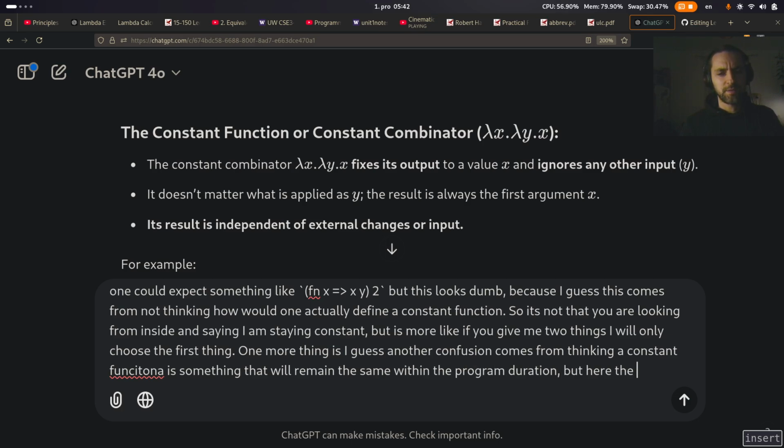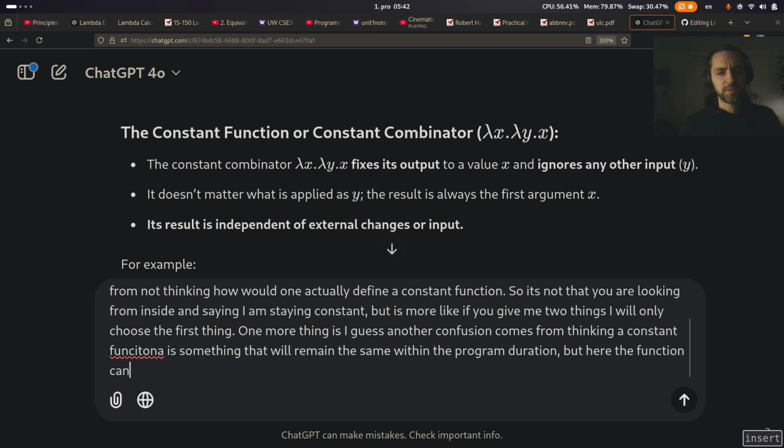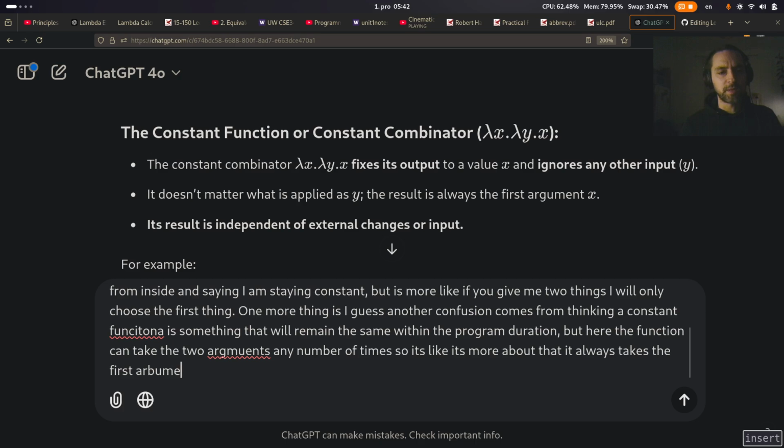But here, the function can take the two arguments any number of times. So how would you say it? It's more about that it always takes the first argument, and not that it somehow stays immutable forever.